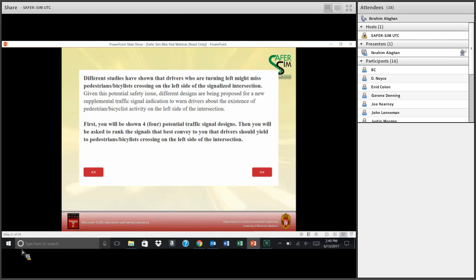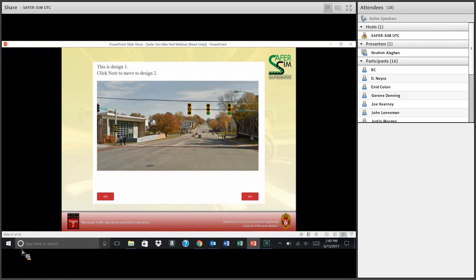First, you will be shown 4 potential traffic signal designs. Then you will be asked to rank the signals that best convey the message to you. Let's go next. That was the message we provided.